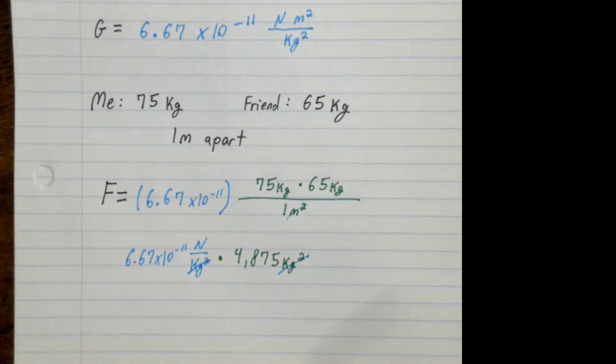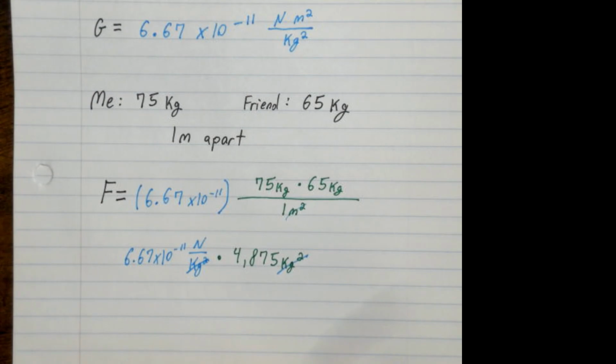All right, so 4,875 times this really tiny number. Remember, it's multiplied by 10 to the negative 11th. So let me type that into my calculator really quick. 6.67 times 10 to the negative 11th is going to give me yet another really, really small number.